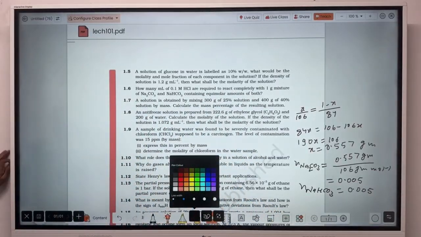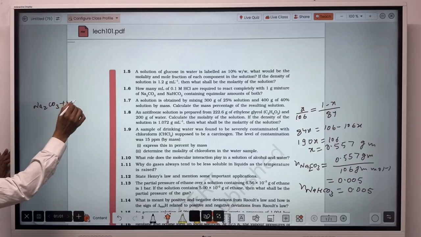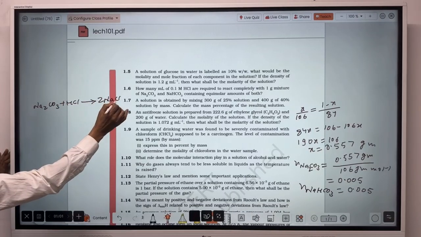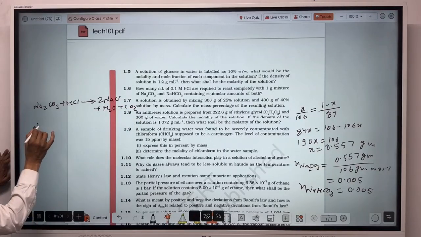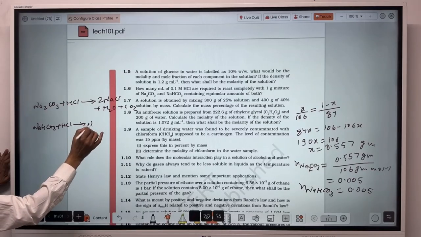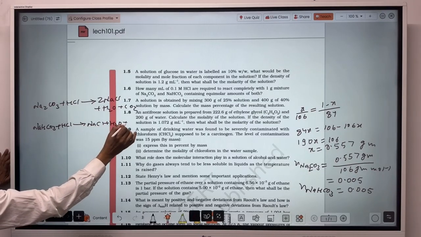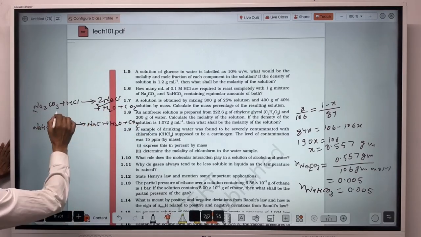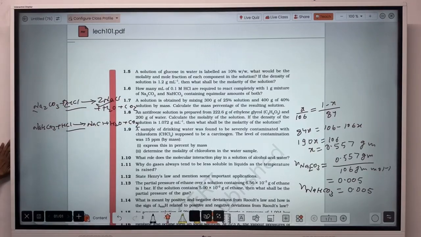Now let's see. Na2CO3 will react with HCl, so there will be formation of 2 moles of NaCl, H2O and CO2. And when NaHCO3 reacts with HCl, there will be formation of NaCl, H2O and CO2. So 1 mole reacts with 2 moles here, so 2 moles of HCl required, and here 1 mole of HCl required.